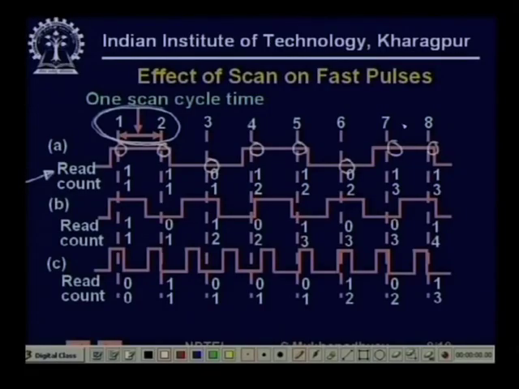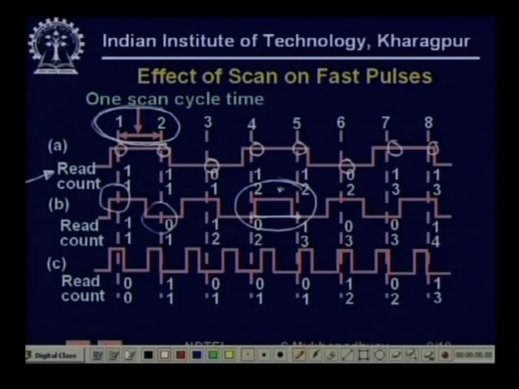On the other hand, if we increase the speed, in which case the pulses will be of shorter duration and they will arrive faster, we will see that most of them are still being sensed, while suddenly one pulse is missed. So, you see that when the program scanned this pulse, the value was 0, and when the program scanned it next, the value was again 0, and so the program assumed that it remained 0.